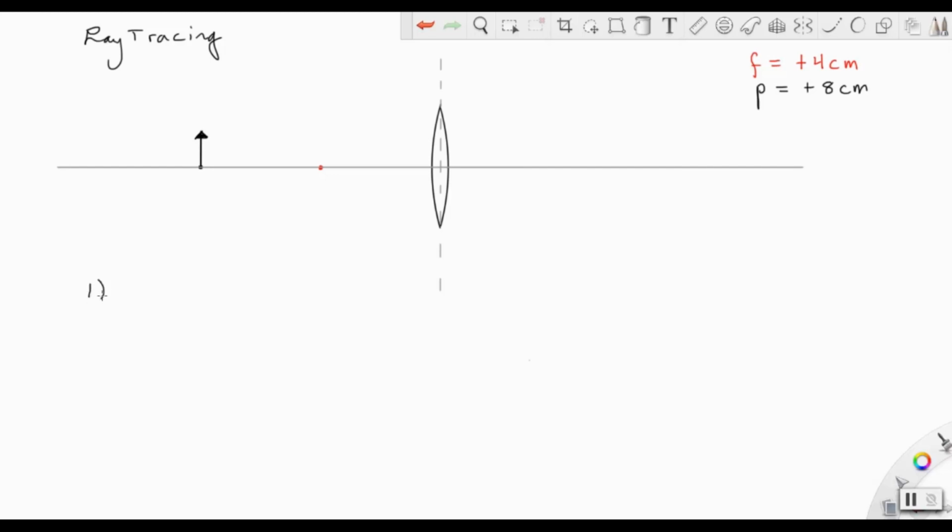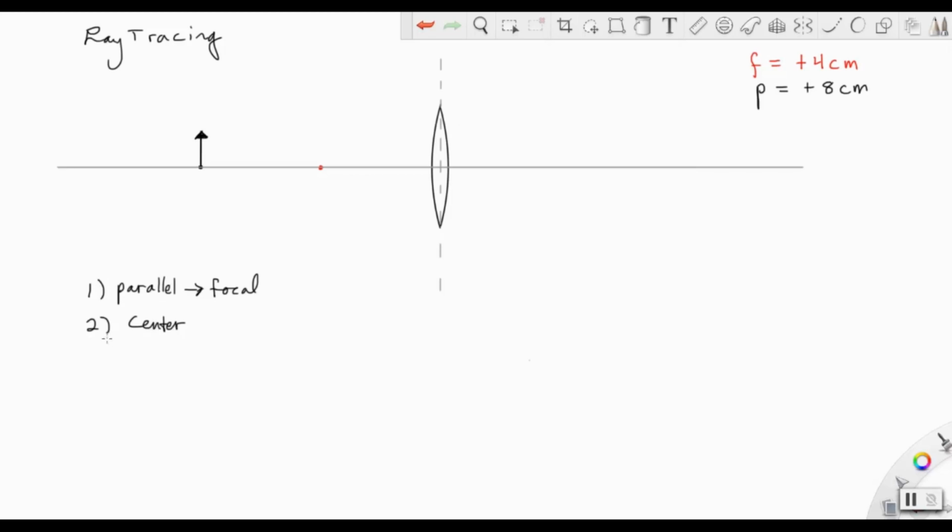The first ray, I named a parallel to focal ray. The second ray, I name a center ray. These will be similar to the principal rays that you'll find in the book, but the way that I name them here will hopefully guide you to do your ray tracing without mistakes.